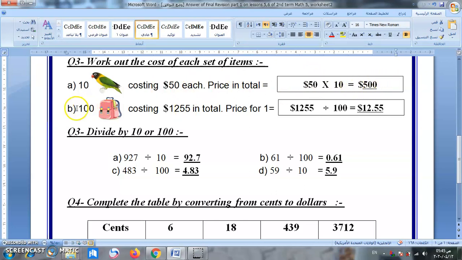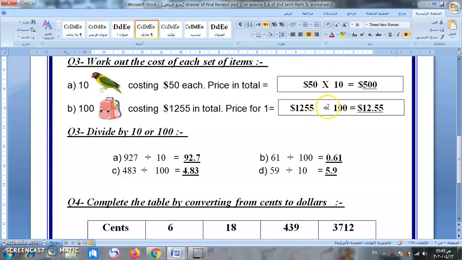What about here? We have 100 bags costing $1,255 in total. This is the price in total, all of them, all the 100. So what about the price for one? سعر الشنطة الواحدة فيهم كام يا شباب؟ So the price for one, we will divide here.